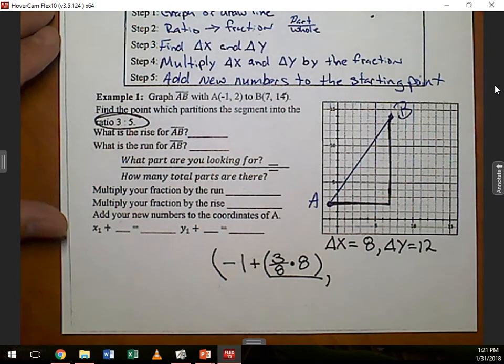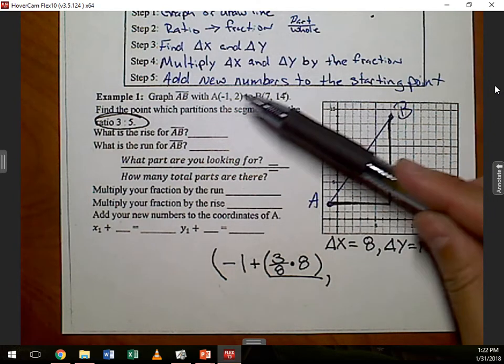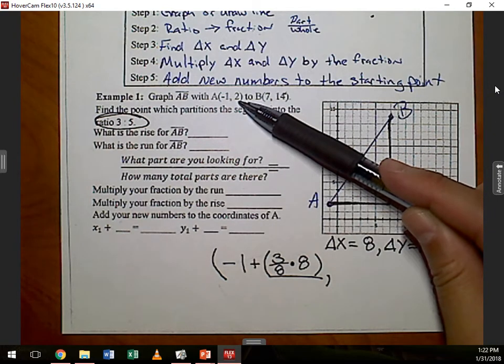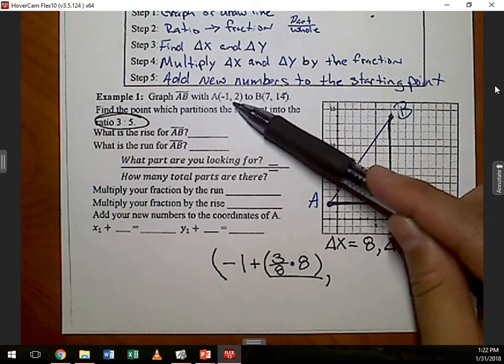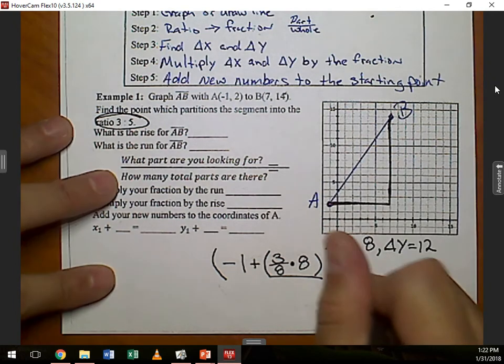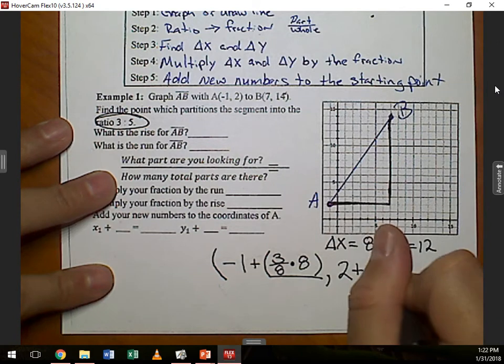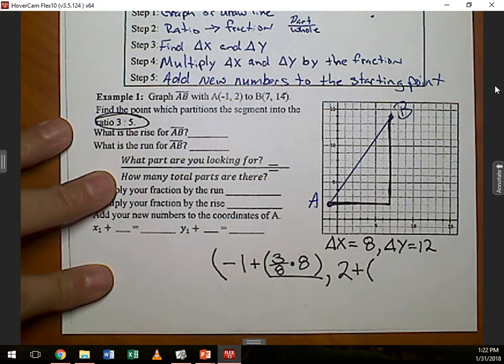Now, let's start with the y. What is my y that I'm going to start with? What was my y value? It's 2 because it's from my starting point, right? So from my starting point, it's going to be 2 plus parentheses. I'm going to put in some numbers there.